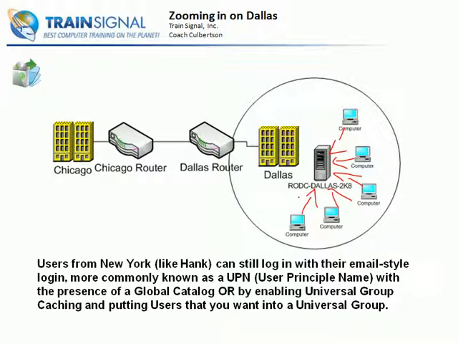Now, here's the thing, okay, and I want you to understand this. When you have a branch office like this, and you have users coming from an entirely different site, users from even New York, by the way, can still log in with their email style logon. And by the way, it's more commonly called, I think I mentioned this to you just a little bit earlier in this video.